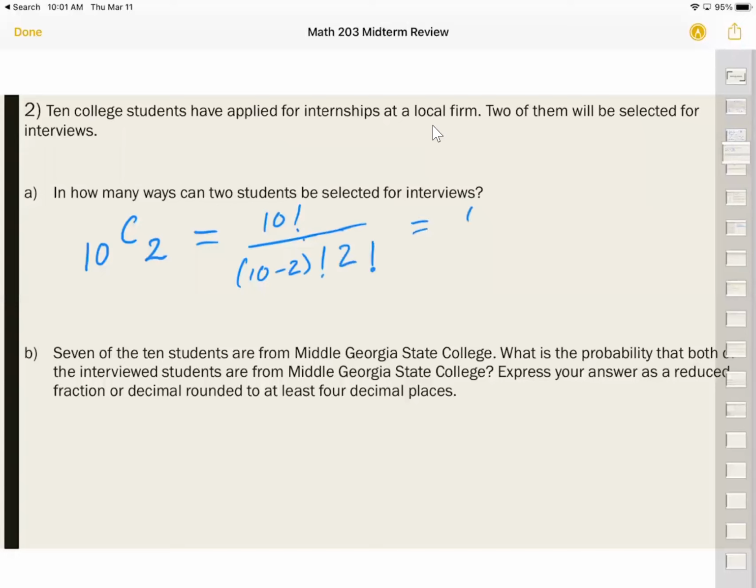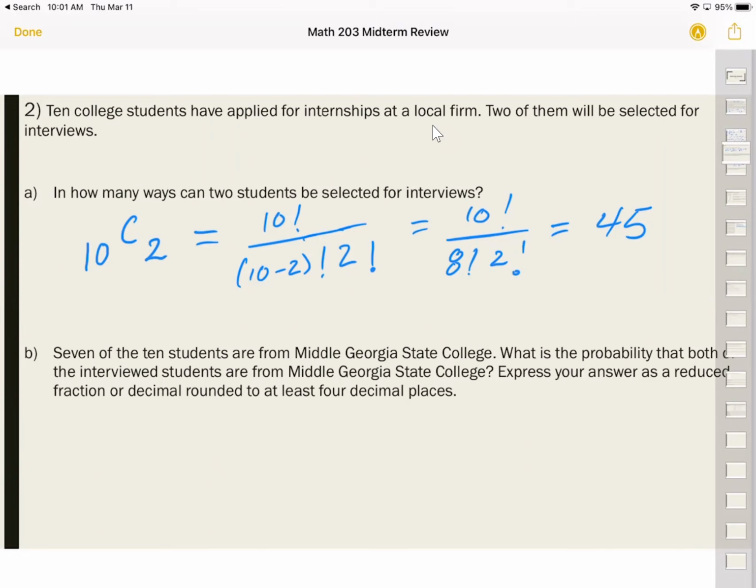Again, if you type it in your calculator, you should have 45, right? 90 divided by 2, you have 45. So there are 45 different ways that you can choose 2 applicants. Everybody see that? Again, remember, you type in 10, you choose math, go to P or B, and you choose the formula nCr, right?